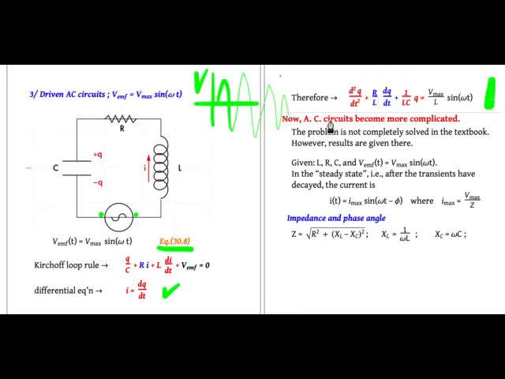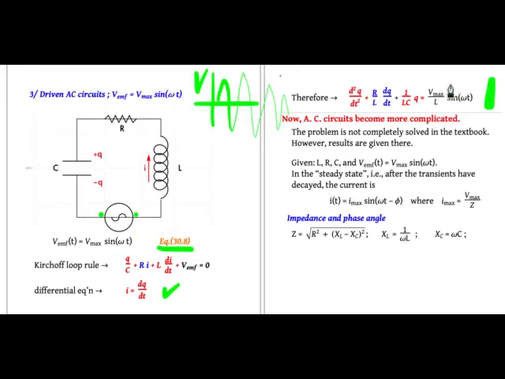Now AC circuits become more complicated because before we had 0 on the right-hand side of the equation, but now we have a function of time on the right-hand side. So that's a more involved differential equation. If you've had a course on differential equations, you know how to solve this kind of equation.